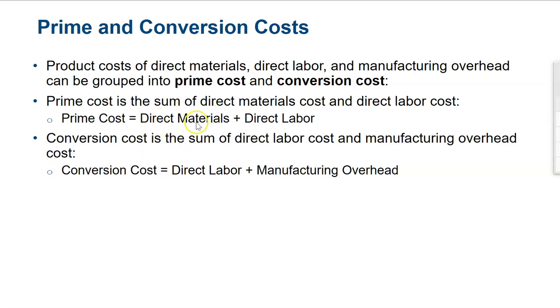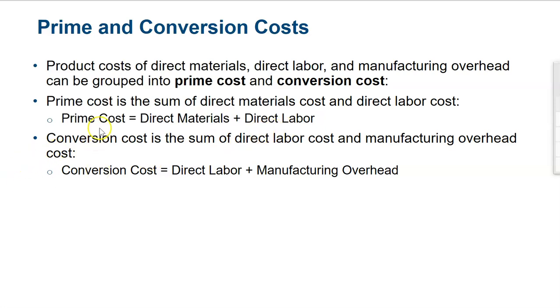The direct materials we don't call conversion costs because we bought those specific materials to make a specific type of product. But when it comes to direct labor, this direct labor could be trained to do any type of work. We could paint birdhouses, or we could paint Christmas tree ornaments, whatever.